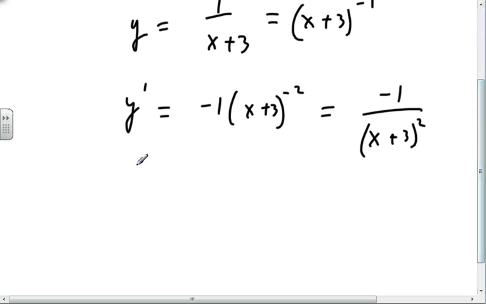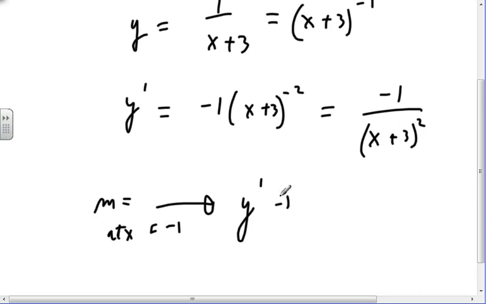Now, the slope of the curve at x equals minus 1 is going to be y prime at minus 1. So I put a minus 1 there, I get a 2, I square the 2, I get a 4, minus 1/4.